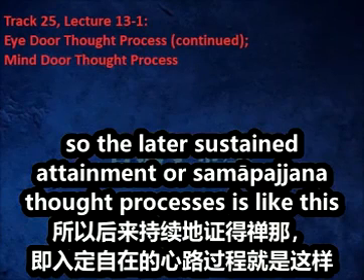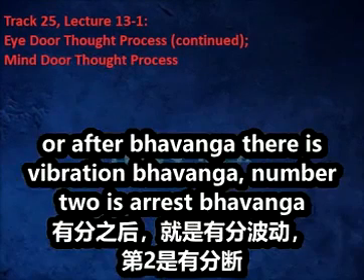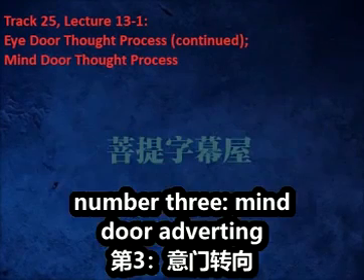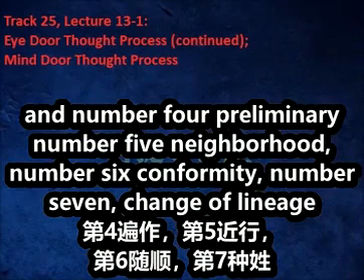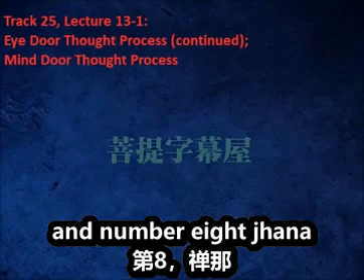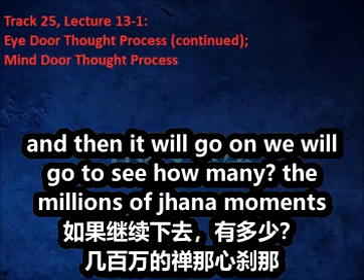So the later sustained attainment, or samapatti, thought process is like this. After bhavanga there is vibration bhavanga. Number 2 is arrest bhavanga. Number 3, mind door adverting. And number 4, preliminary. Number 5, neighborhood. Number 6, conformity. Number 7, change of lineage. And number 8, jhana. And then it will go on, we cannot say how many. The millions of jhana moments.